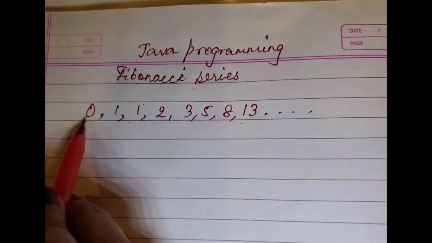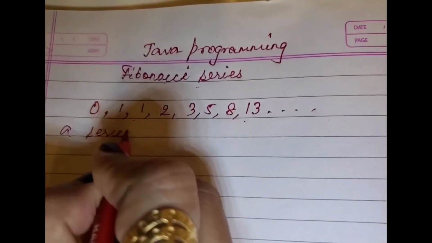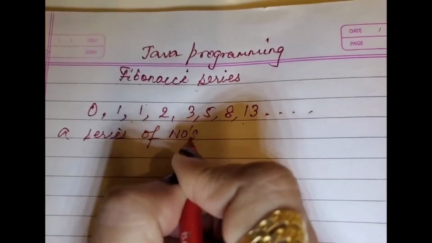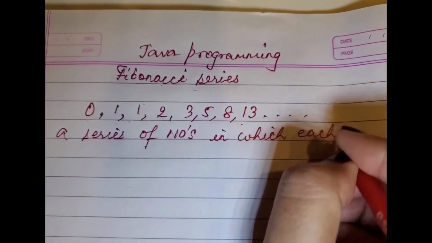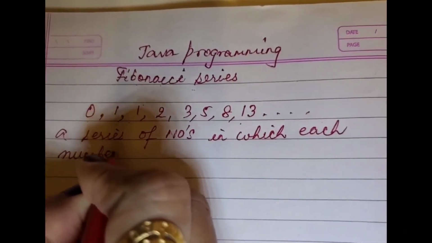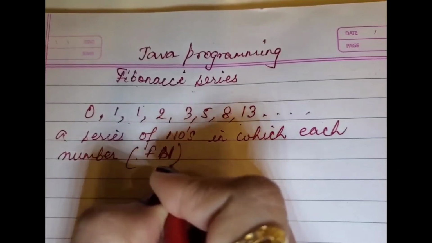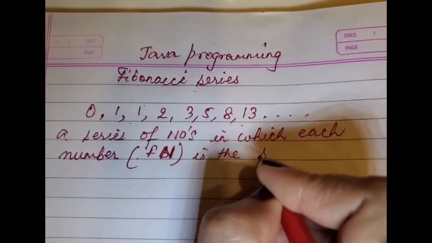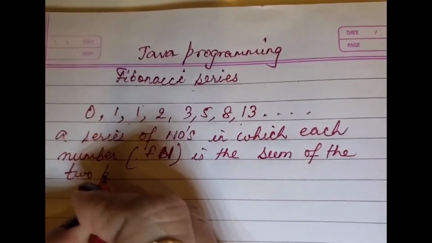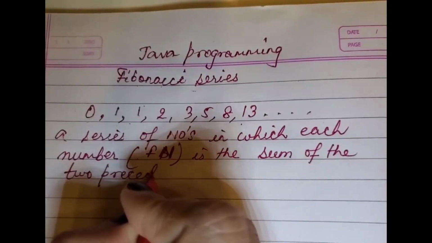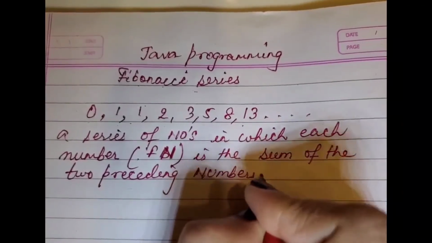If you check the Fibonacci series, you can call it a series of numbers in which each number is the sum of the two preceding numbers. Two preceding means the previous and the present number. So this is the definition of Fibonacci series.